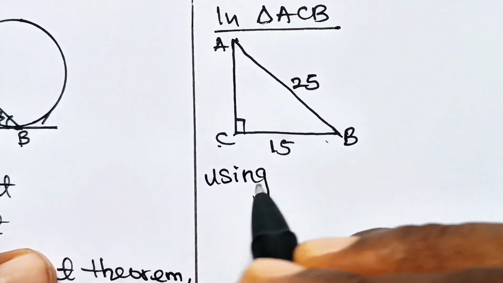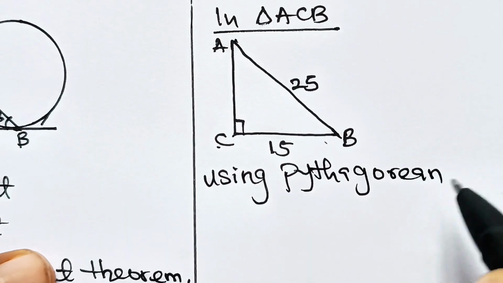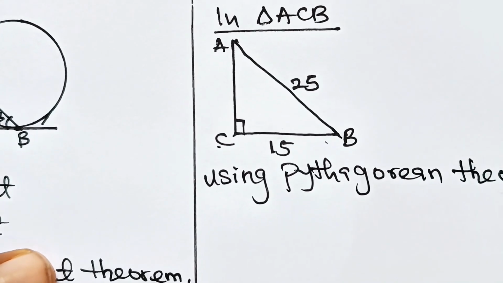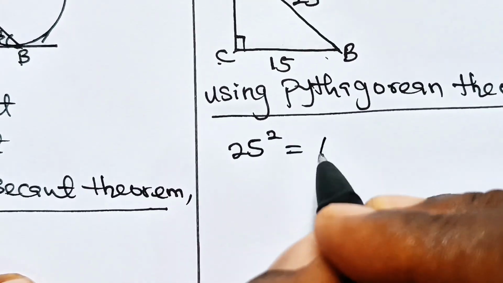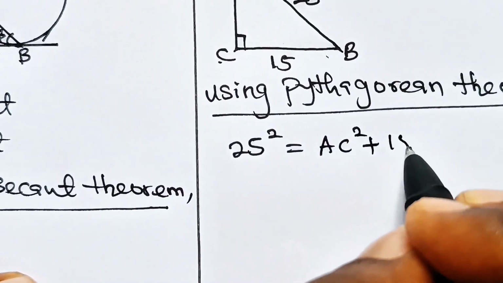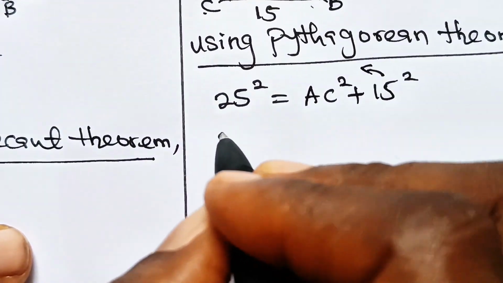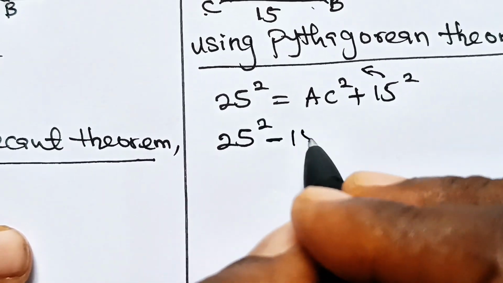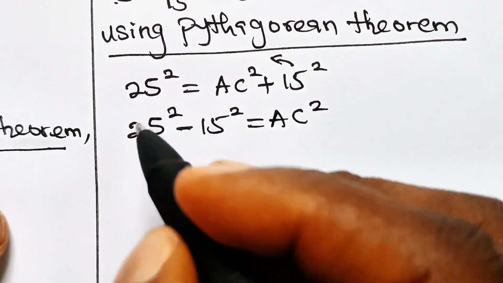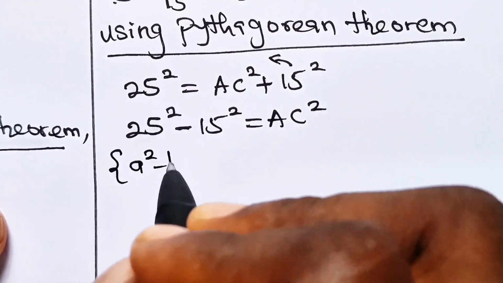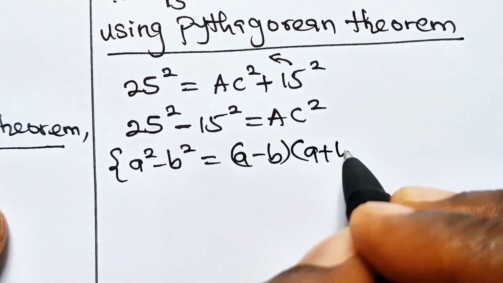So using the Pythagorean theorem, we have that 25 squared is equal to AC squared plus 15 squared. Now if we transfer this to the other side, we have 25 squared minus 15 squared is equal to AC squared. Remember that a squared minus b squared is equal to a minus b multiplied by a plus b.